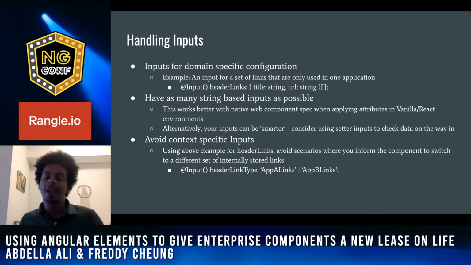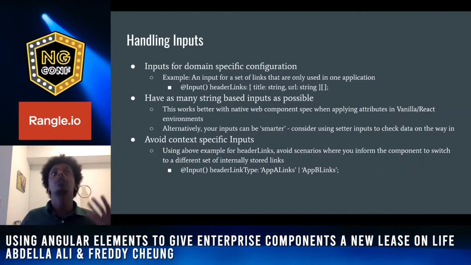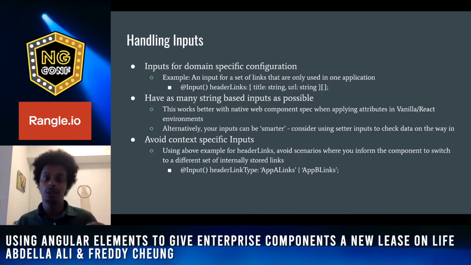The person who's maintaining this component, the Angular element, then has to go in and actually update the name of the link themselves, versus if the consumer could just change it themselves, it'd be much easier. Knowing when to draw those lines can be very difficult. And you know what? It's always been a negotiation, not always a conversation. But these are things to think ahead about and to really consider. And it can really save you time if you get lucky and also think ahead in the right way.